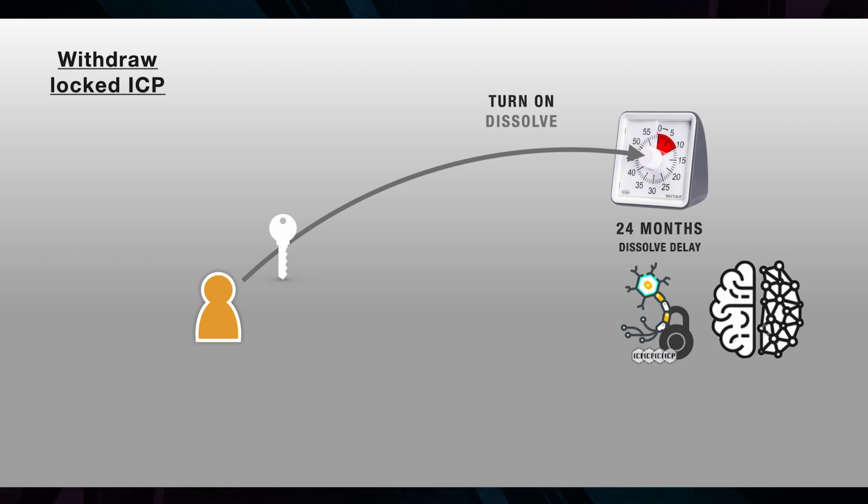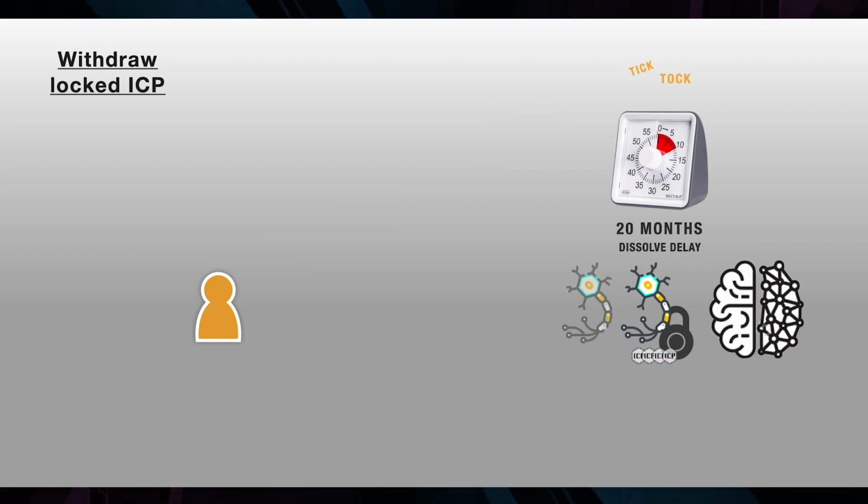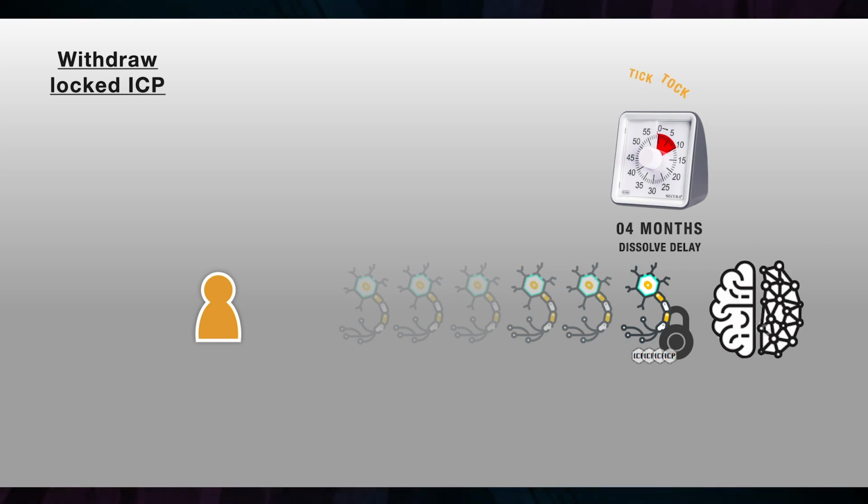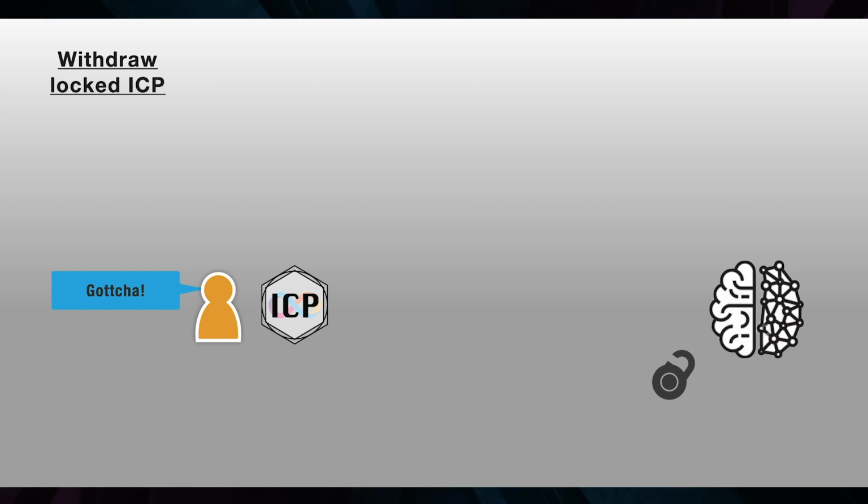Dissolving takes time, but you can start and stop the process of dissolving a neuron whenever you like. The minimum time remaining before a neuron can completely dissolve and release its locked tokens is known as the dissolve delay, and this falls while a neuron is being dissolved.